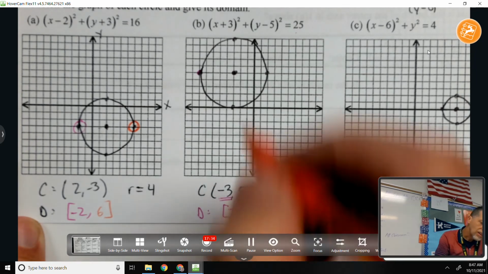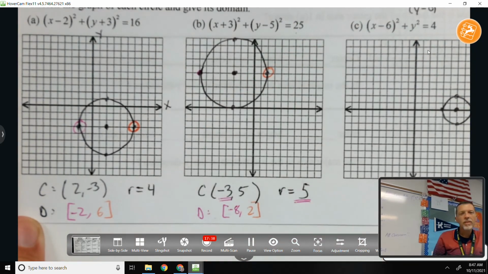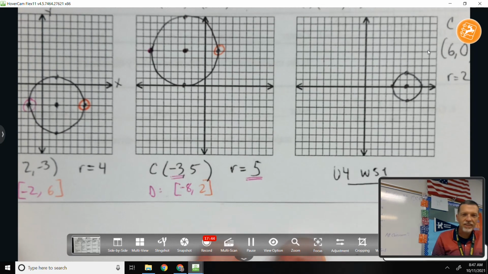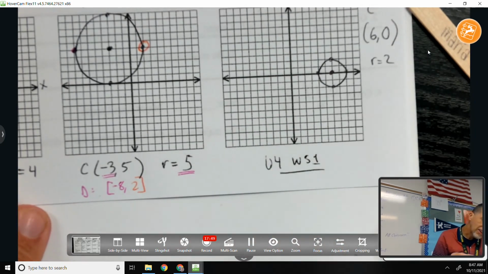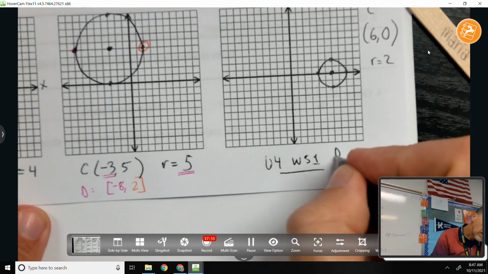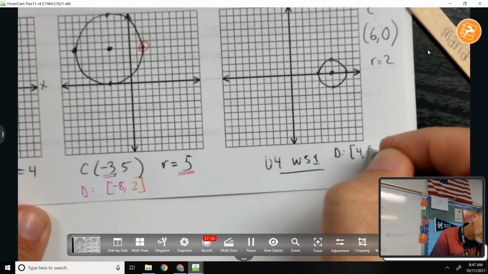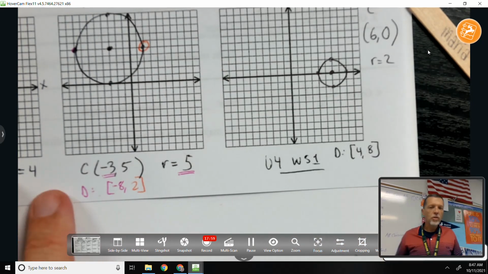Negative 3 plus 5 goes to 2. I don't know that that's really worth remembering, because you can just look at the picture and figure it out. And then lastly, that'd be 4 to 8. So, thank you for pointing out the domain thing, but not difficult.